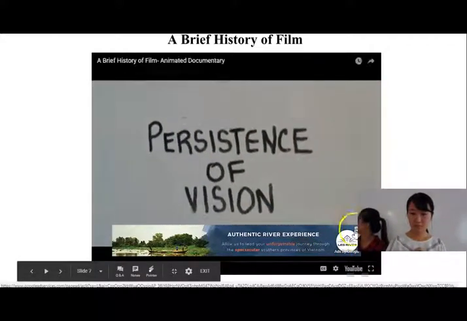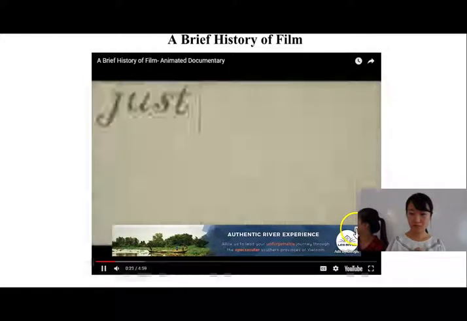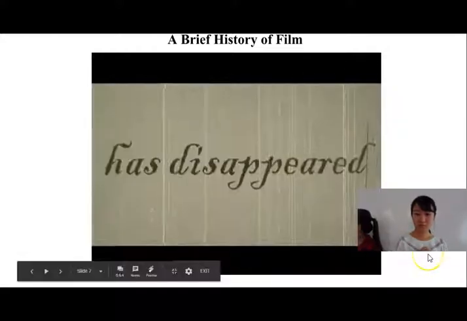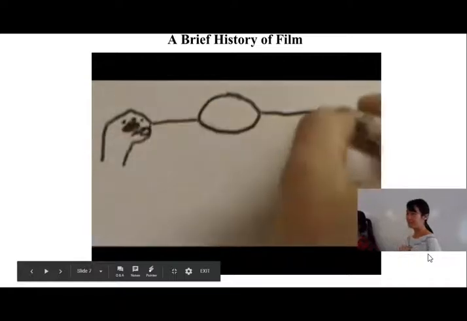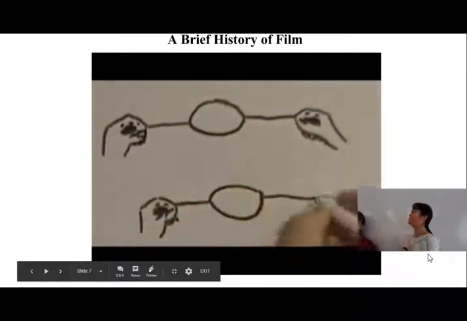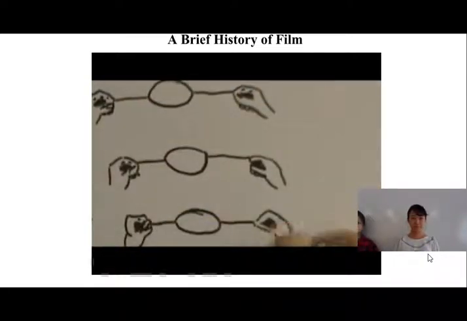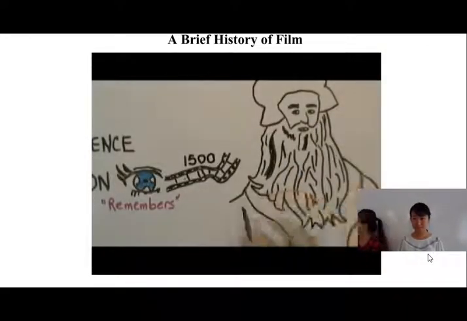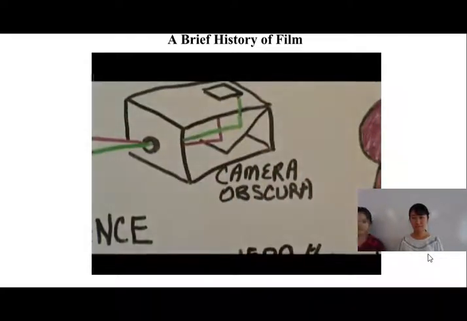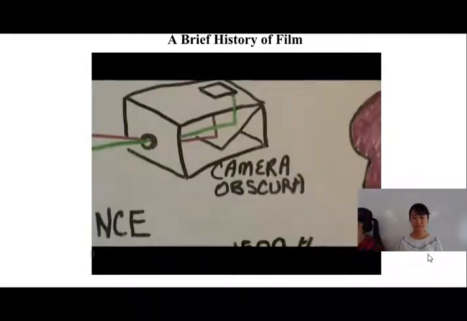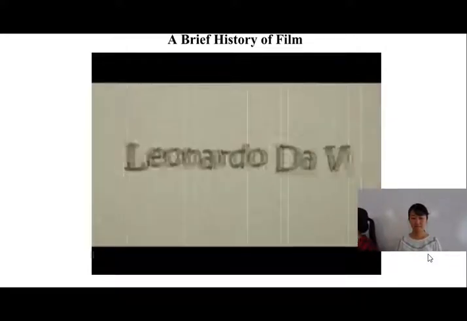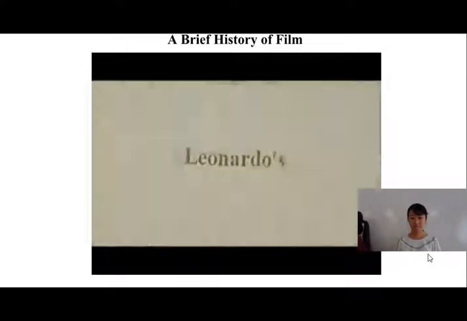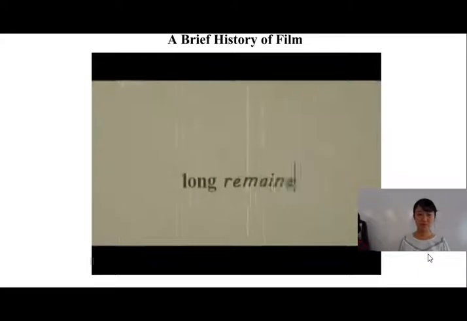Persistence of vision: the phenomenon whereby the eye remembers what it has just seen after the object has disappeared, widely believed to account for our ability to perceive a sequence of frames as continuous. In 1500, Leonardo da Vinci gave us a full description of the camera obscura, an optical device that projects an image of its surroundings on a screen. Leonardo was well ahead of his time. His writings and notes long remained manuscripts.